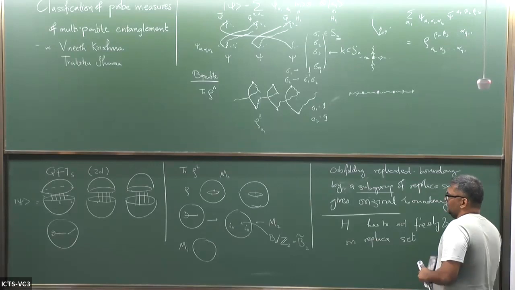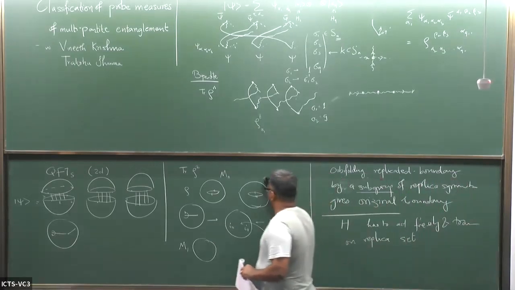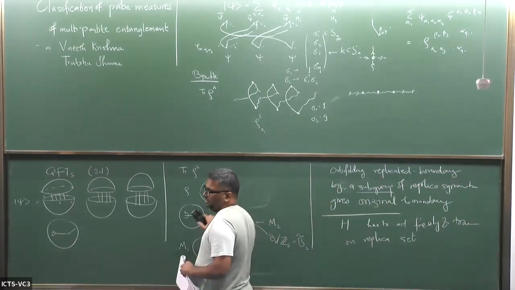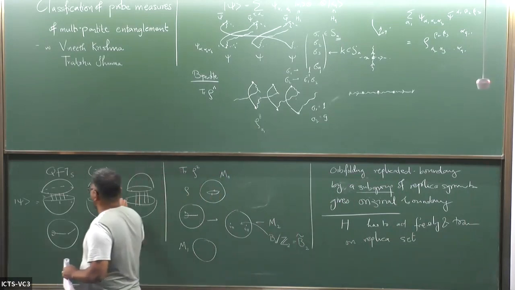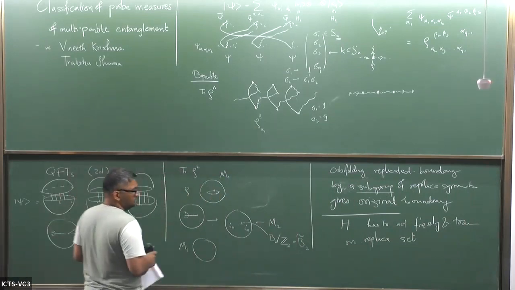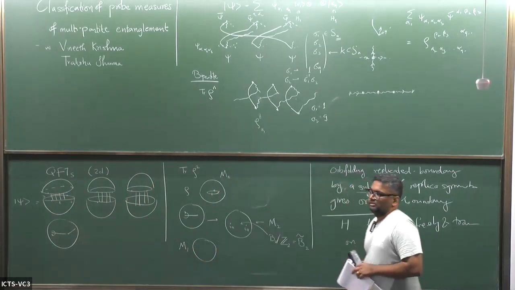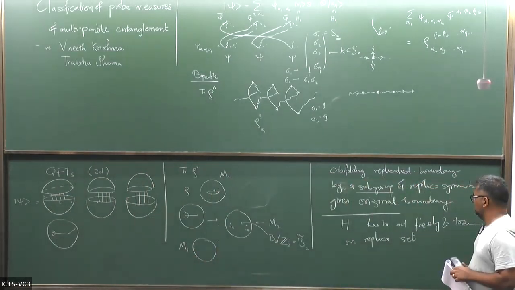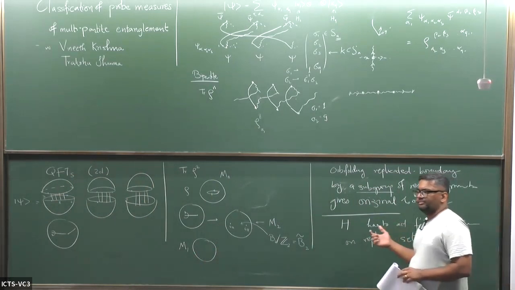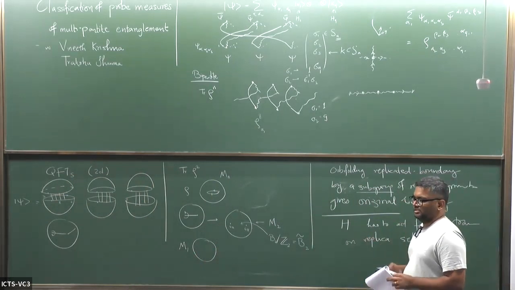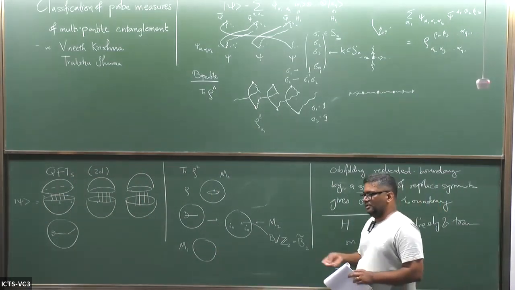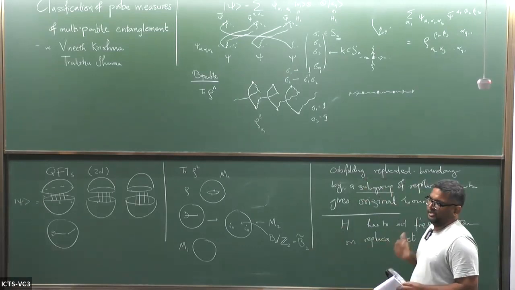H is a subgroup of the commutant. So first of all, as Rajesh said, there should just be some H which acts in a free and transitive way, which when you orbifold will give you back M, right?